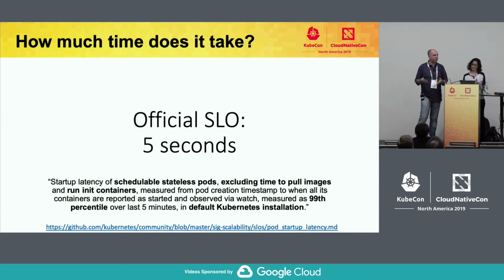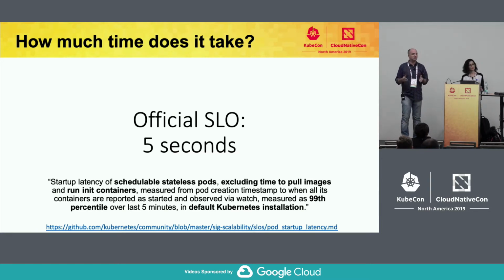In order to simplify that, Kubernetes defines an official service level objective, which is 5 seconds for the P99 under certain conditions. Again, they're trying to limit the amount of work or the variance that goes into how long it takes. For example, within this time, the kubelet needs to download images from a remote registry, right?